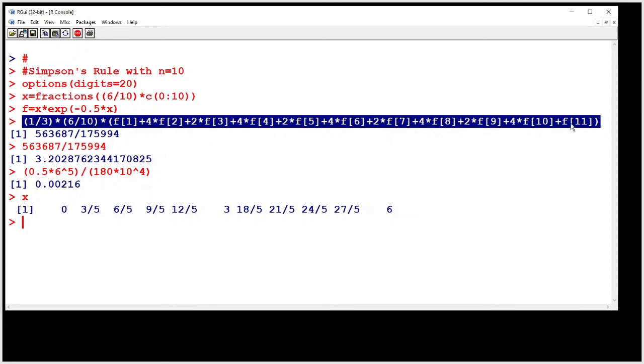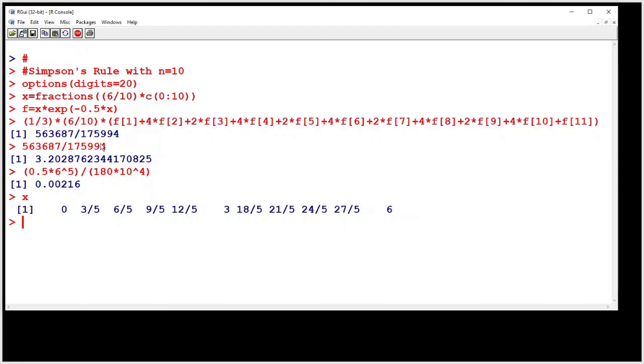And the last term is the value of the function at the right endpoint, the last partition point. The answer in fraction form is that number, and in decimal form is that number.